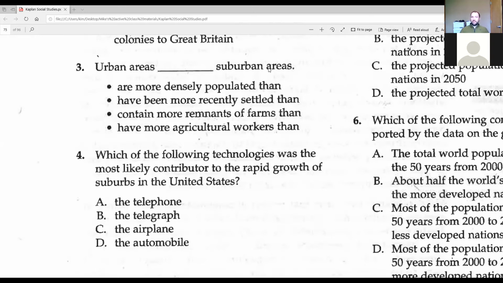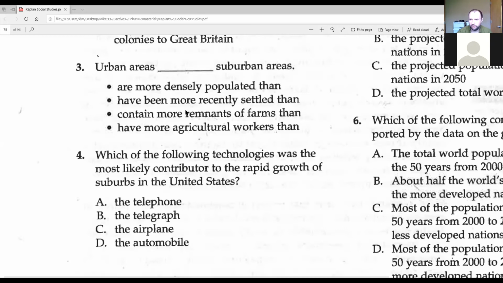Probably the first one, right? That urban areas are more densely populated than suburban. Cities are packed in, people are more packed in cities, and there's more people. So the first one makes the most sense for an answer choice, speaking generally about urban versus suburban areas. So there you go. Moving on to number 4.